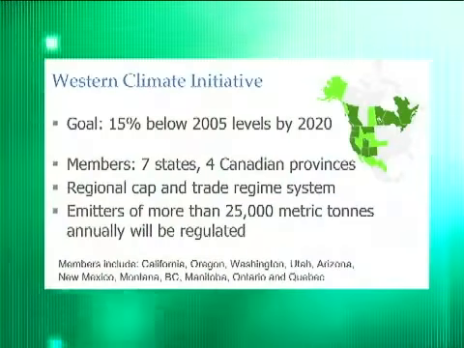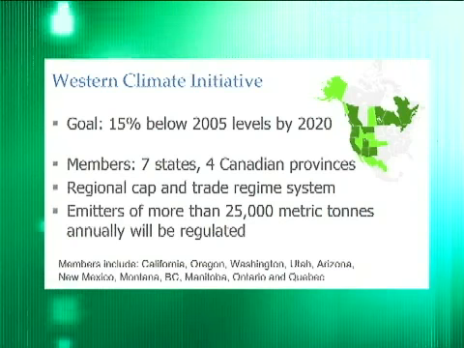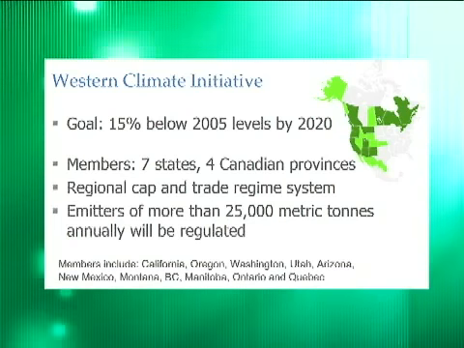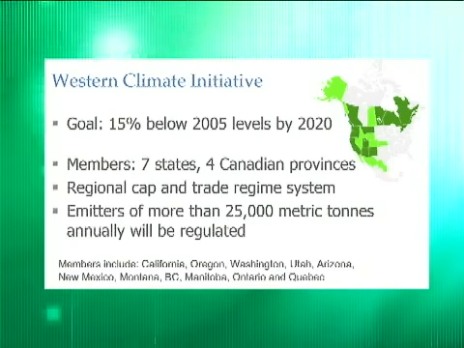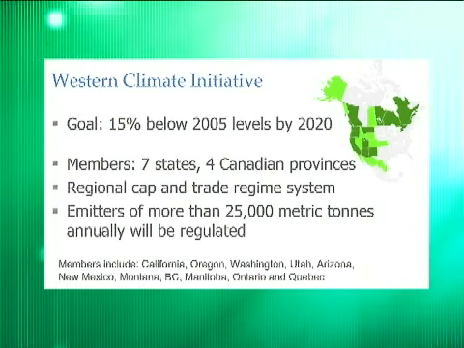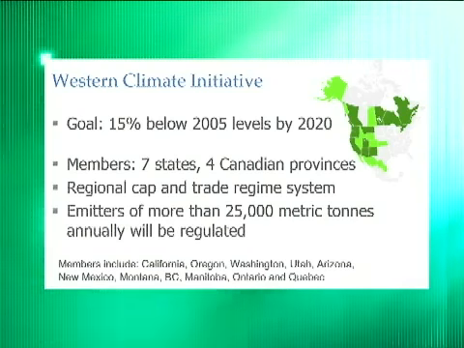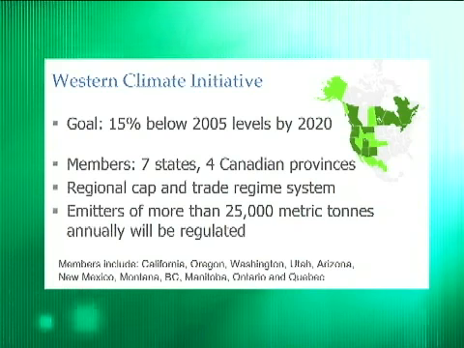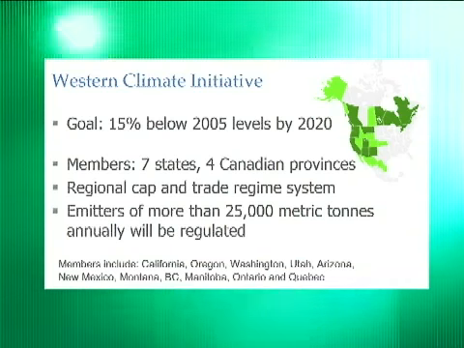I also just wanted to share with you, as you may know, Ontario is a signatory to the Western Climate Initiative, which now includes California, Oregon, Washington, Utah, Arizona, New Mexico, Montana, BC, Manitoba, Ontario, and Quebec. So not so Western anymore.